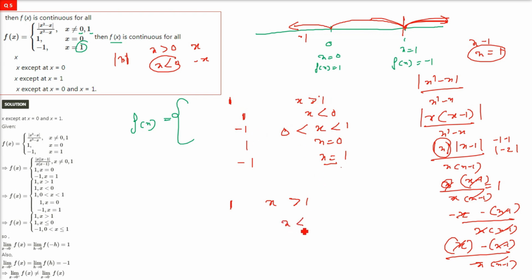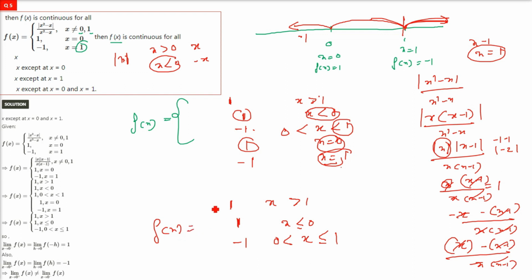So x less than 0 and x equal to 0 both give 1, so you can combine these two: x less than or equal to 0. And since it is equal to 1, we can just write 1. How about 0 and 1? Between 0 and 1 you are getting minus 1. So you can combine that, x between 0 and 1 inclusive.